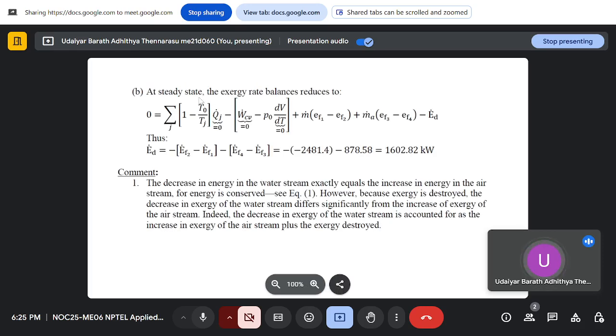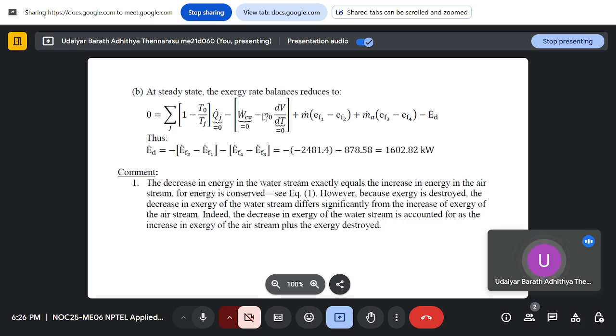So if you do an exergy balance across the heat exchanger, so Q times (1 minus T naught by T), this is the ideal work which you will get from a heat source, minus W minus P naught dV by dt. So this is the work done on atmosphere.